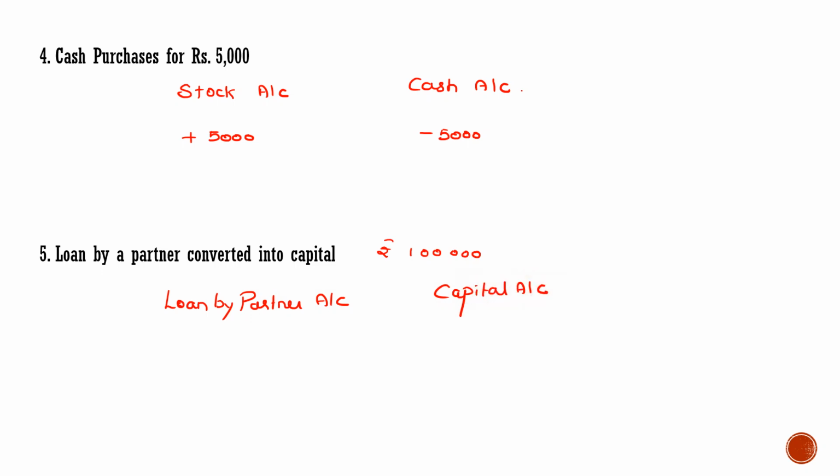So the loan decreases by 1 lakh on the liability side, and on the same side of the equation, the capital increases by 1 lakh. So you find that on the liability side of the accounting equation, one liability decreases and another liability increases.